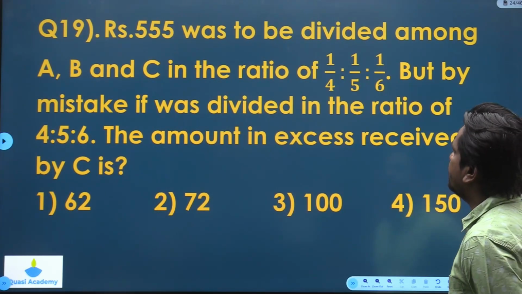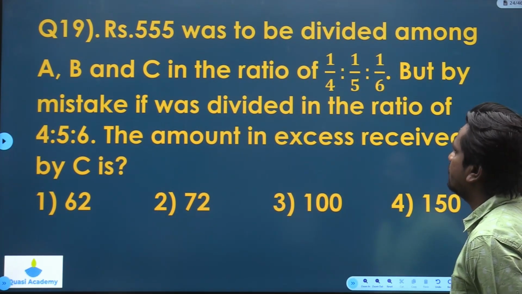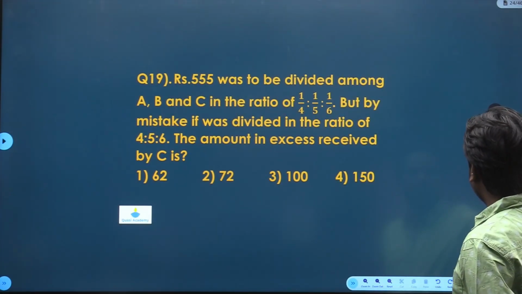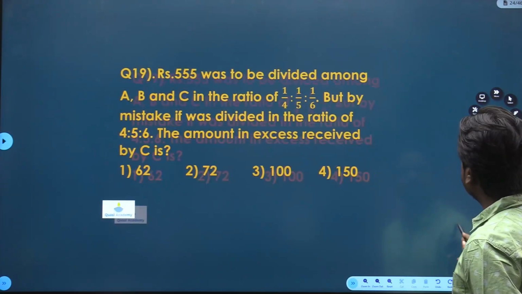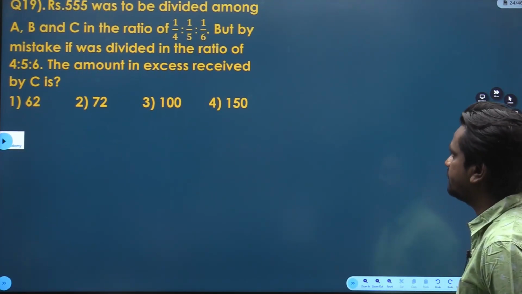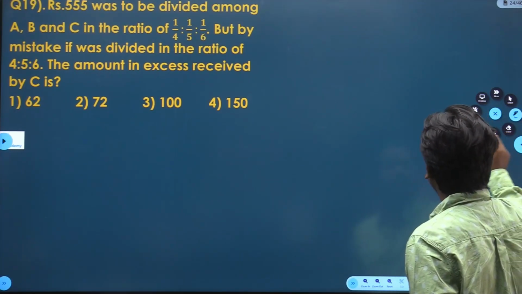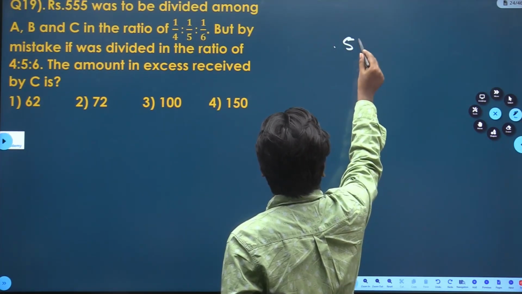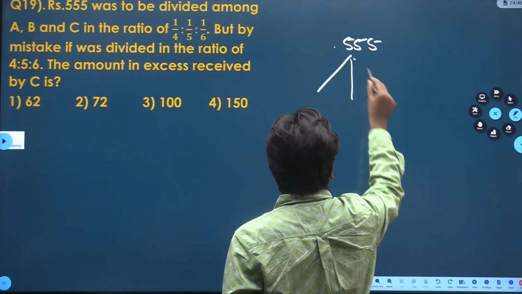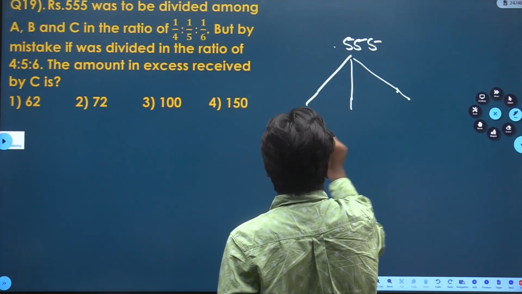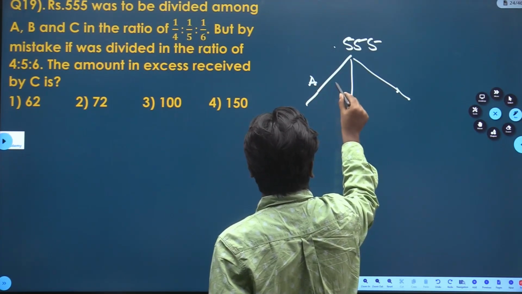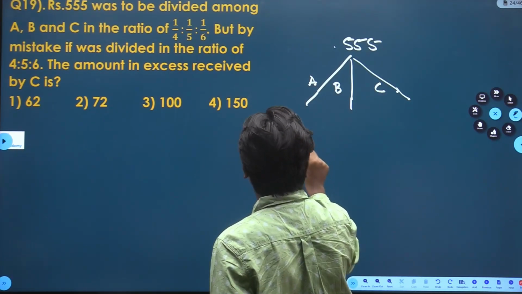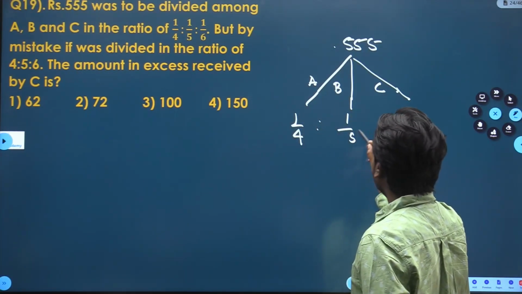But by mistake it was divided in the ratio of 4:5:6. Find the amount in excess received by C. In the ratio, it is divided in the ratio of 1/4:1/5.